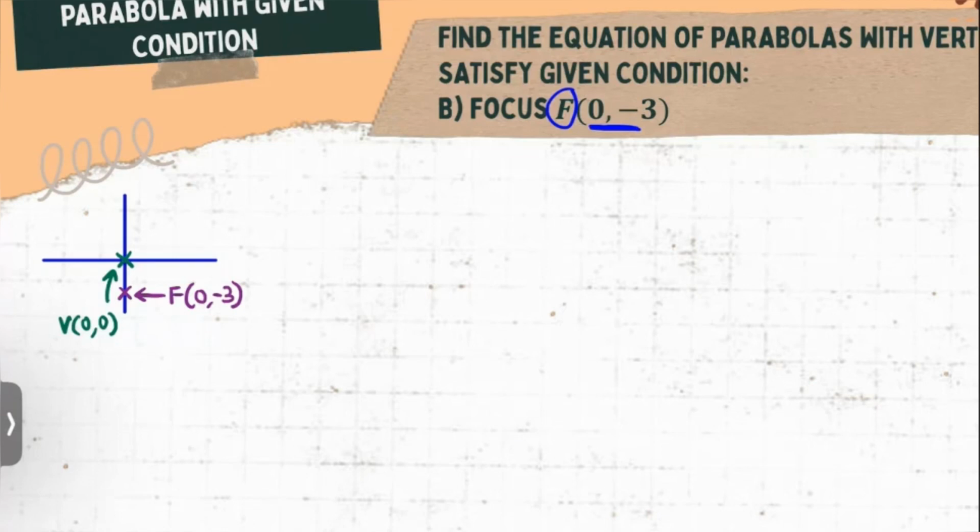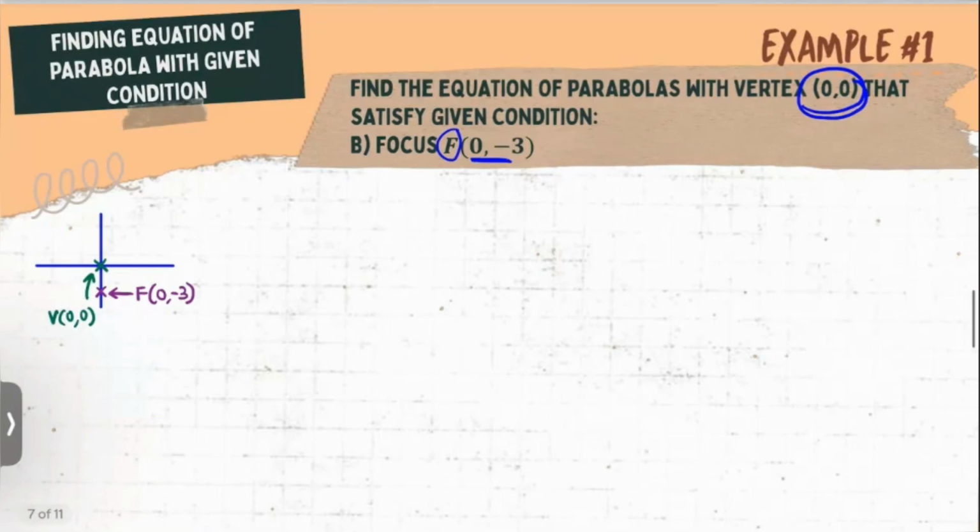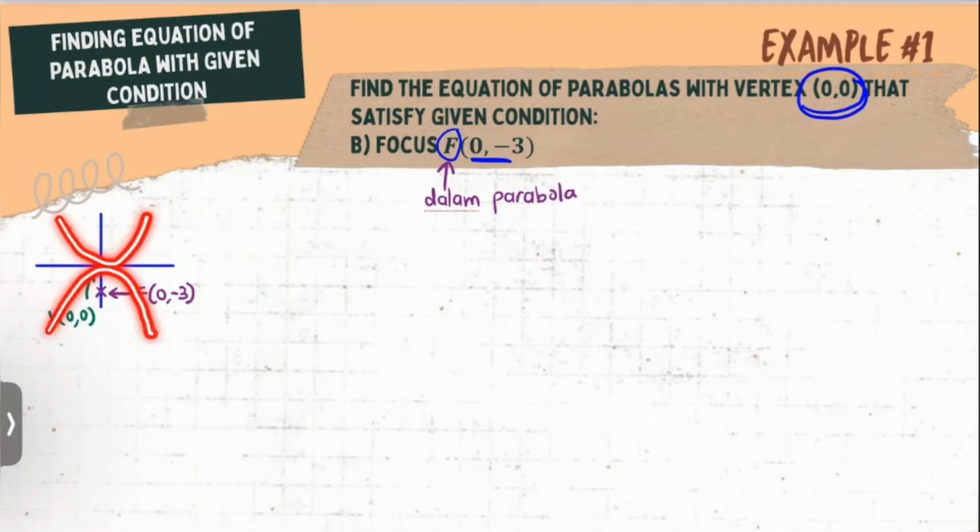Okay. Apa benda yang kamu kena tahu? Fokus dia sentiasa berada dalam parabola. So that means kalau sini vertex dan sini fokus, so from here I can see that bila saya lukis ke bawah, fokus ada dalam parabola. So that means this will be the shape of our parabola.